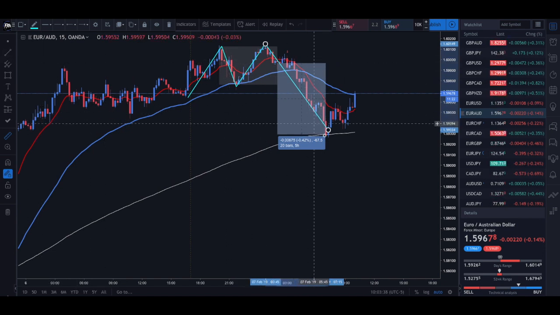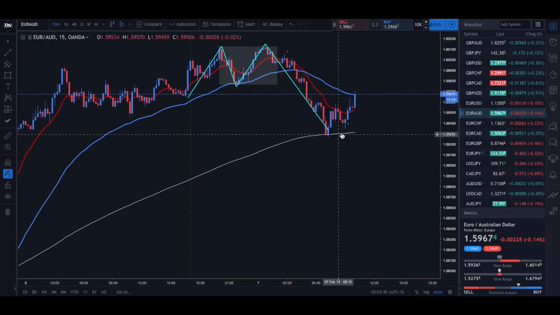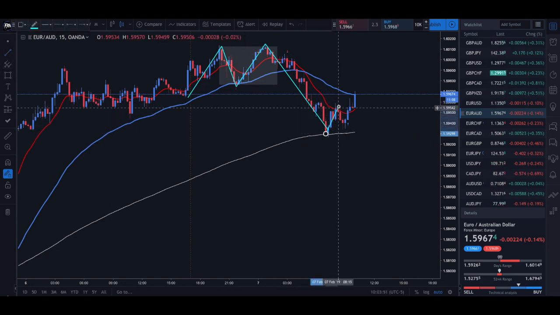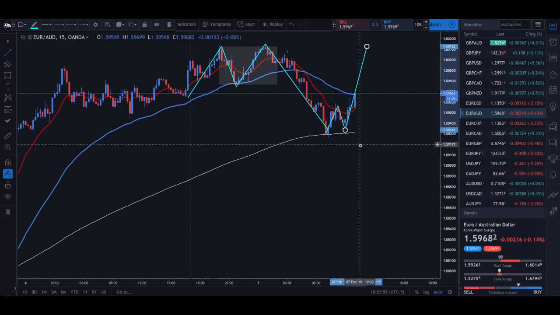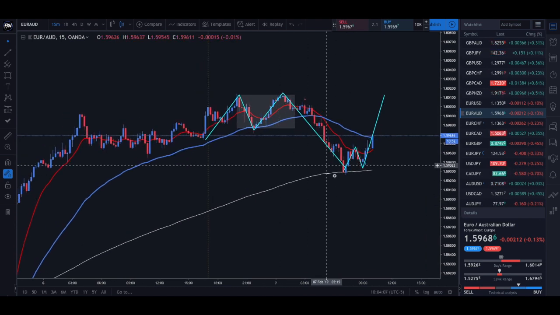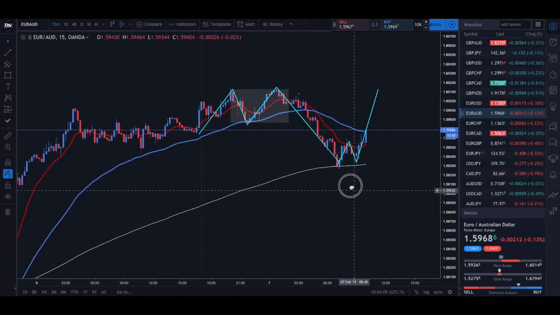So this was definitely a nice little trade setup here. Now, another interesting thing is that you can see what's happening now is boom. So that's very interesting, that you're seeing these as they happen as I'm making the video, which is pretty cool. But yeah, that was a trade on Euro AUD.